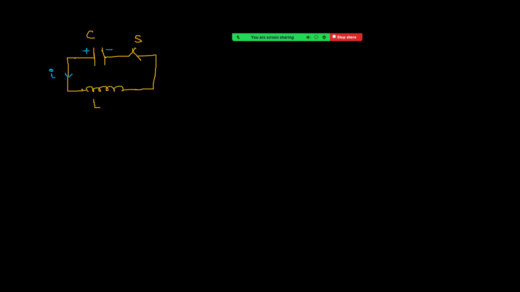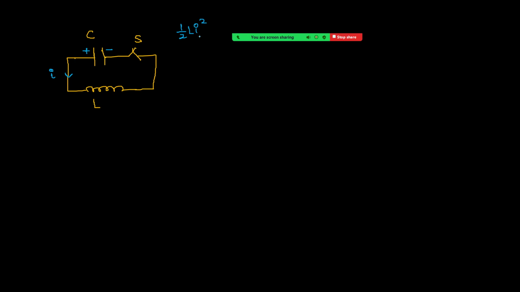And at one point of time, its entire energy will be given to the inductor. That means there is no charge present on the capacitor. That means energy stored in the inductor becomes maximum. Energy maximum means half L i squared, with the I value maximum.